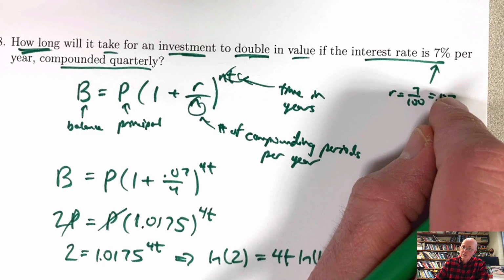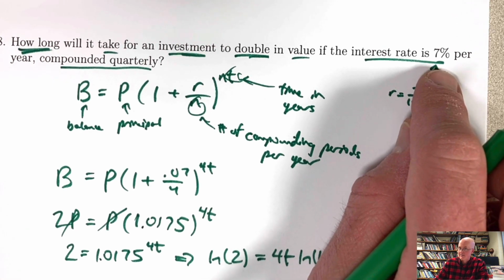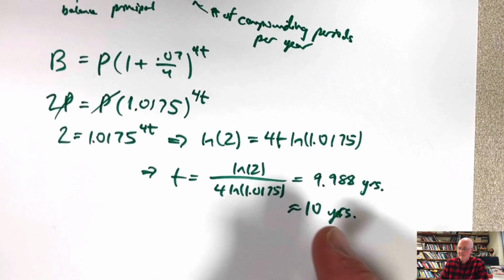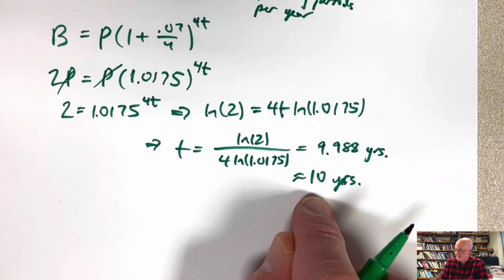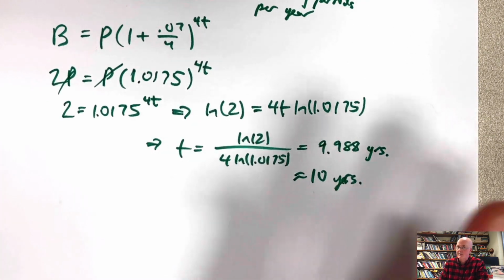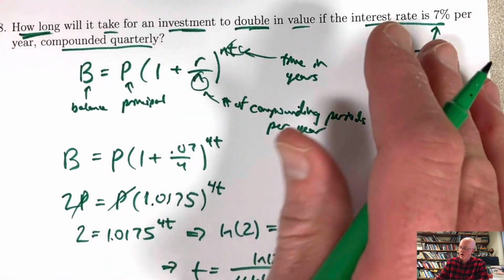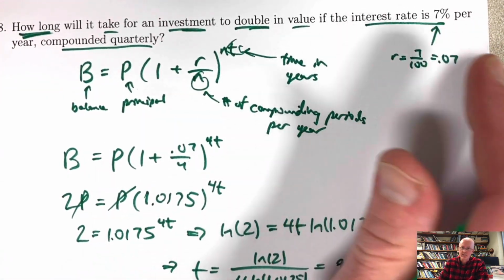The rule 72 says do 72 divided by 7. Looks like 70 divided by 7 is giving us a little closer answer here, but there are some cases where 72 divided by the interest rate works a little bit better. That's just a shortcut that works best when your interest rates are close to 7, 8, 9% per year.